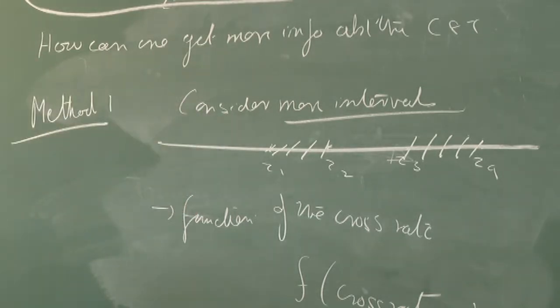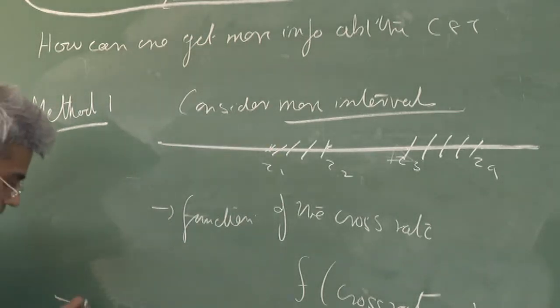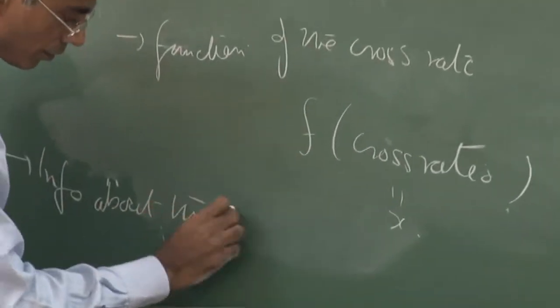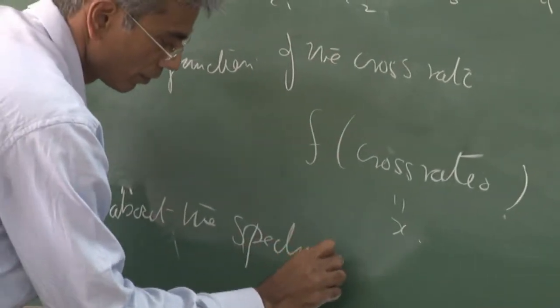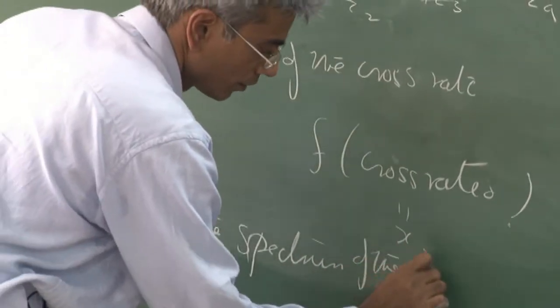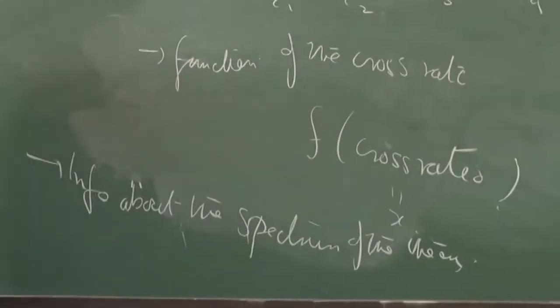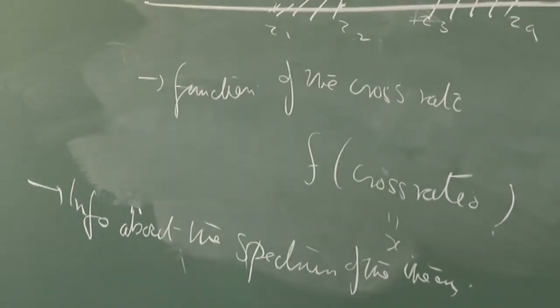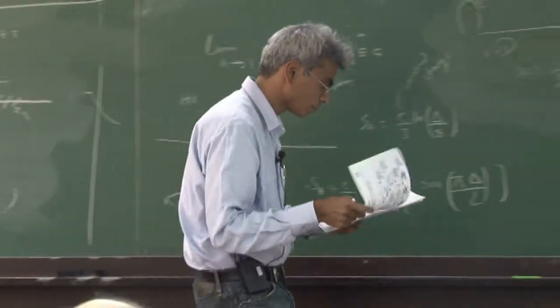And as you expand this quantity in powers of x, this entanglement entropy of this formula, you get information about the spectrum of the theory. So that's how to get more information. This is one of the methods. Let's go to the second method.